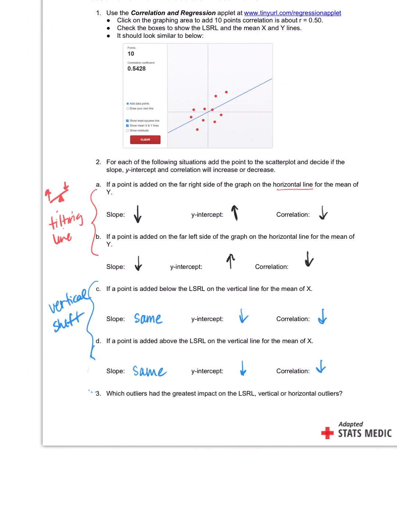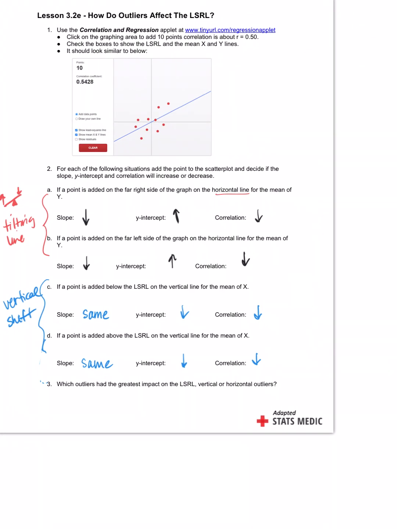A vertical shift. But it does change correlation, right? Now, let's think, why is it changing correlation every single time? On all of these, why did correlation go down? Because they're all outliers. Yep, R went down on everything because all are outliers.